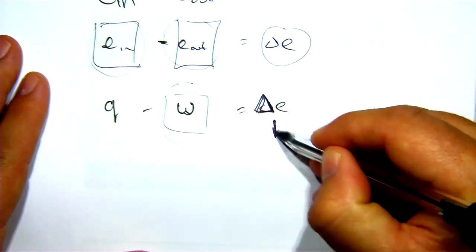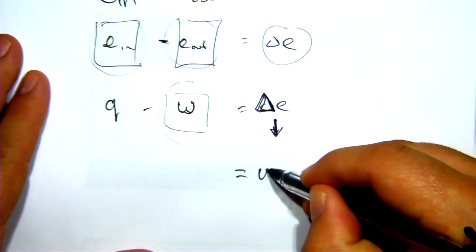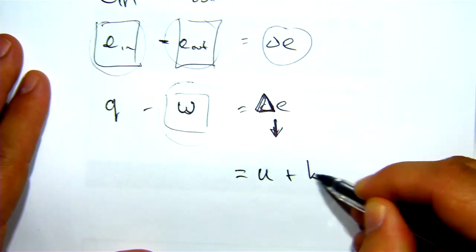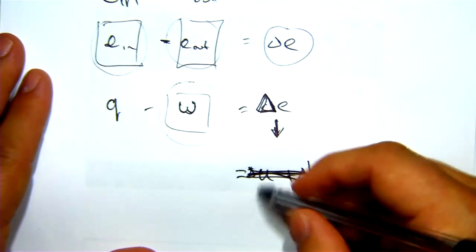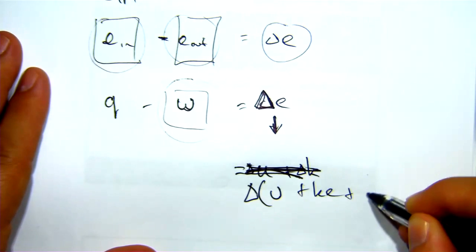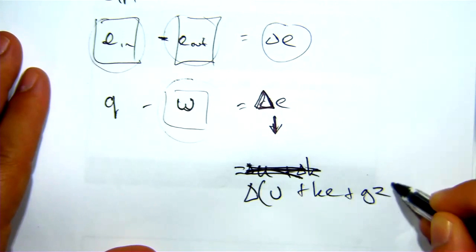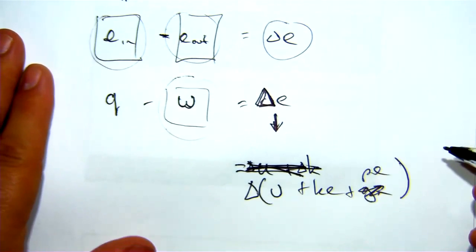At that point, if I take my E and split it all out to all the terms that we talked about before, this is delta U, actually, let's write this as delta everything. Delta U plus KE plus PE, that is delta U plus V squared on 2 plus GZ.